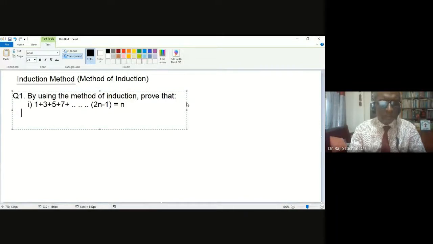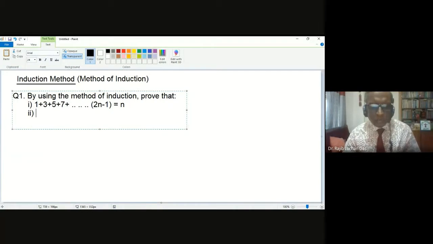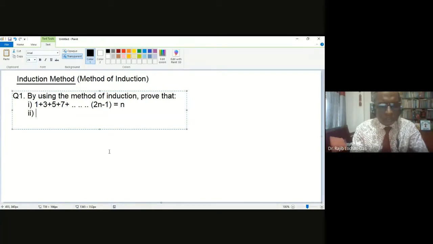Okay, another question. This is not a series, I'm just giving you another question to show that sometimes it may not be a series of numbers. So the question is 3 to the power n is less than factorial n, where n is greater than 6.